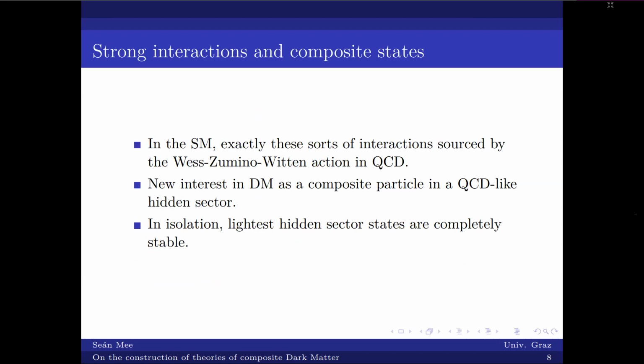In the standard model, exactly these sorts of interactions are sourced by the so-called Wess-Zumino-Witten term in the action for QCD. In particular, there is an observed K+ K- to pi0 pi+ pi- process.